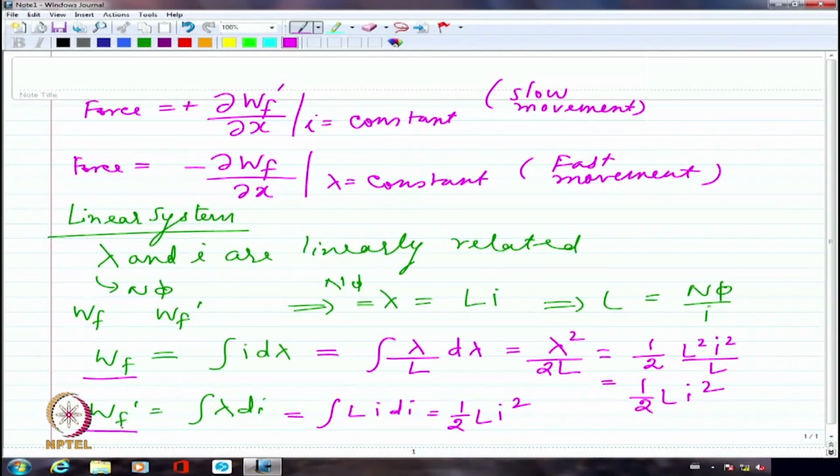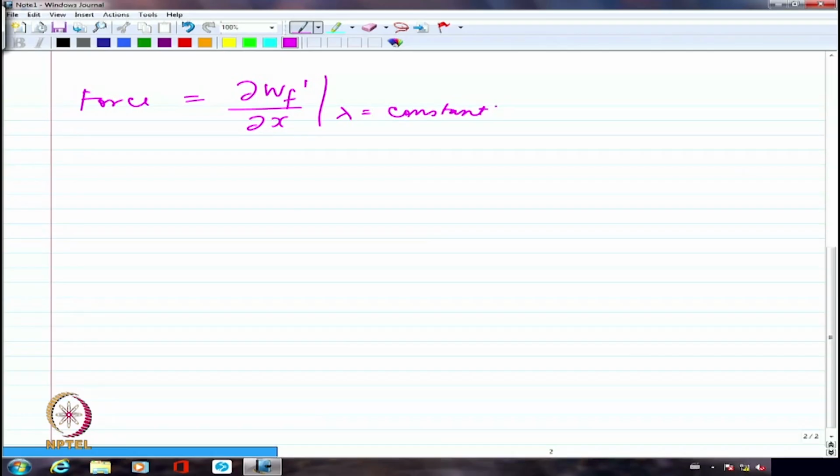So if I try to look at what is the force, we said as dou Wf dash divided by dou x, but with lambda equal to constant. Right? That's what we said as the force.